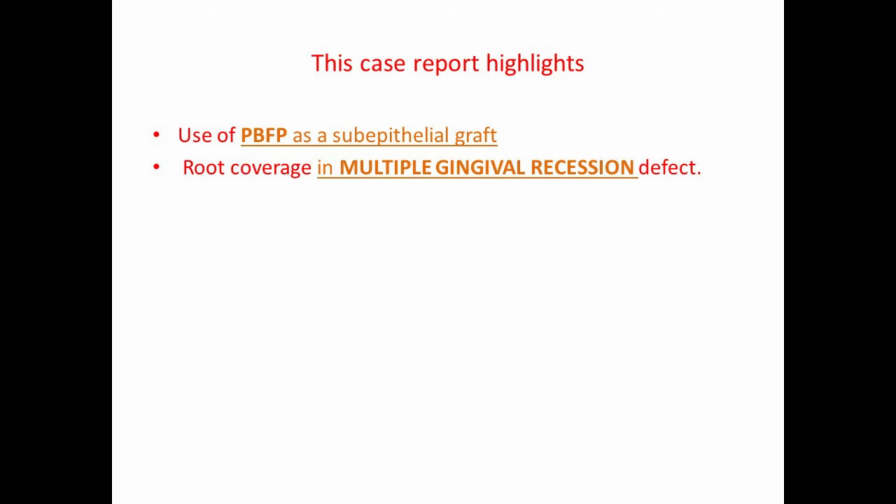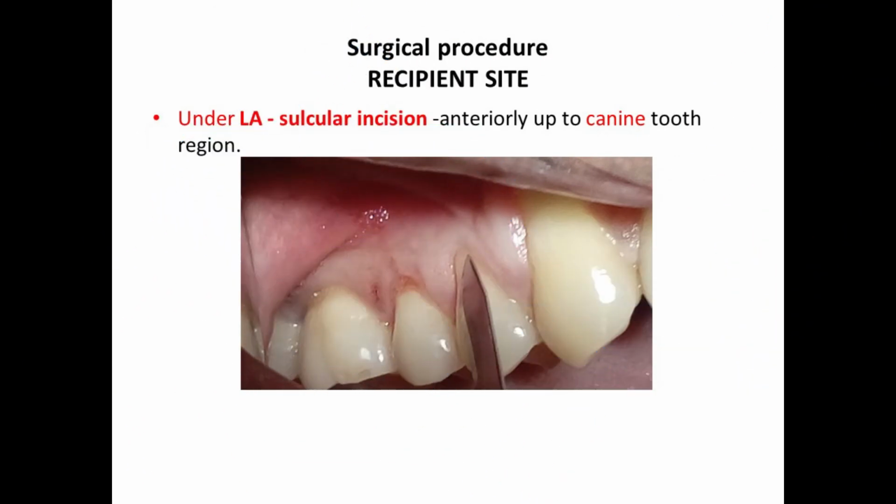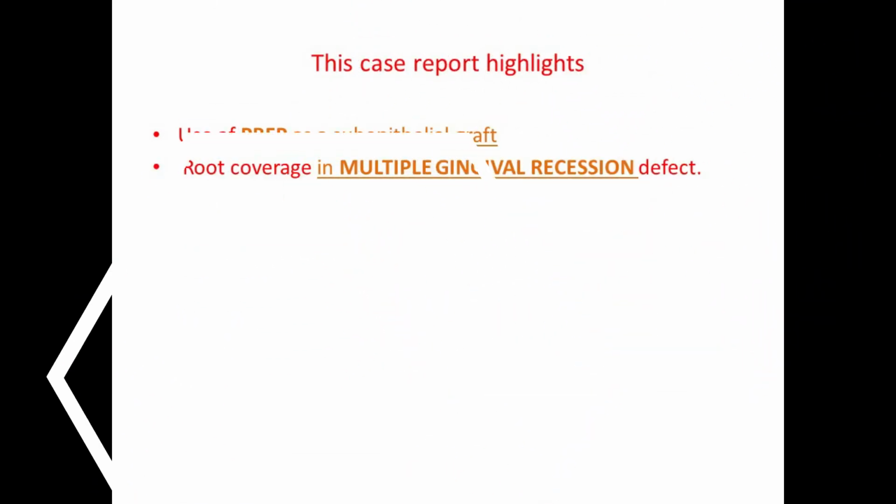Our case report uses a pedicle buccal fat pad as a subepithelial graft for root coverage of multiple gingival recession defects. Let's now see how we proceeded with the surgical procedure. At the recipient site, we gave local anesthesia, followed by a sulcular incision made anteriorly up to the canine region.